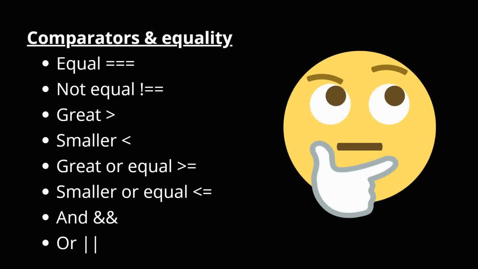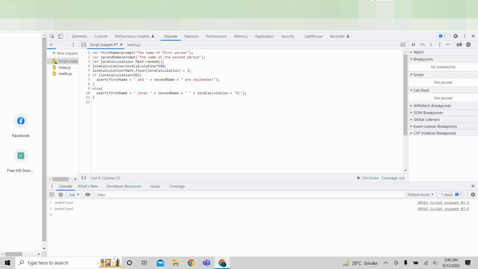So by using this, we will create a more modified love calculator. For this, we will go back to our snippet, where we will use much more practical things. Now we will again use this, but we will set a range now. If it's greater or equal to 70, then use this.